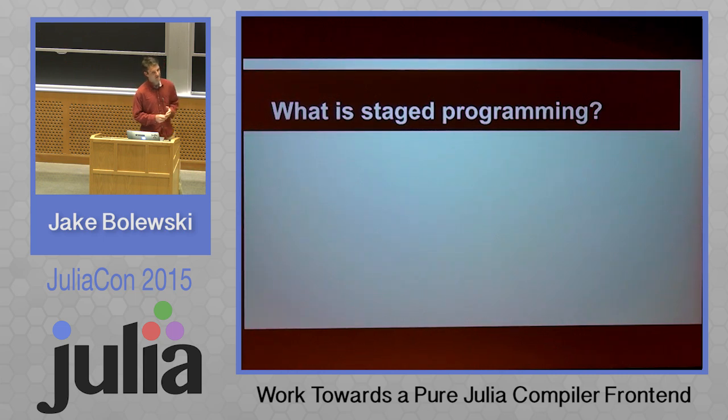It takes on a lot of forms, and we've had stage programming in Julia for a very long time in the form of macros. Macros are a form of stage programming. They just happen at an earlier stage in the compiler pipeline. The new fancy stage functions that we have in 0.4 come much later, and you'll see the trade-offs that you get with each of these.